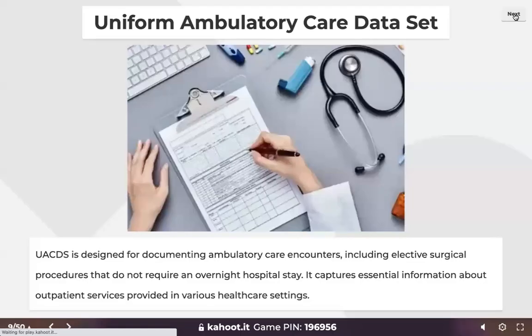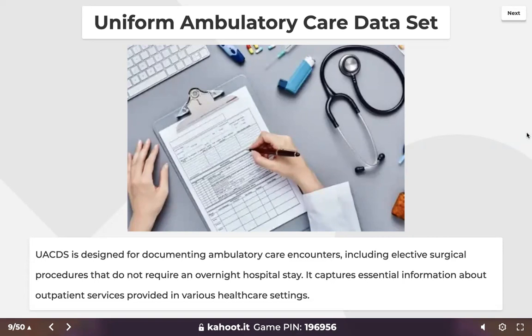All right, and for those that were here, this is the definition. So Uniform Ambulatory Care Data Set, what is that? That is designed for documenting ambulatory care encounters, including elective surgical procedures that do not require an overnight hospital stay. So that was literally the definition for that particular question.